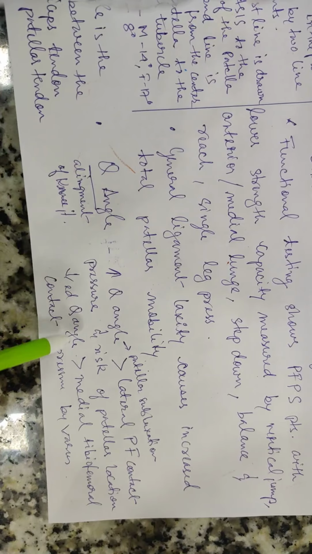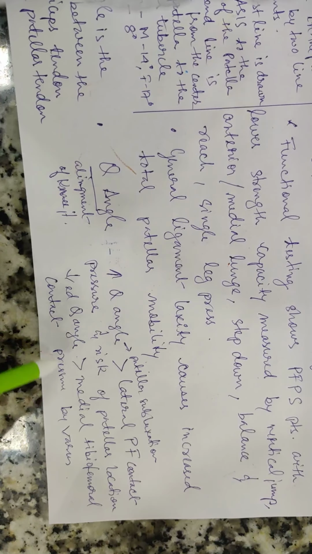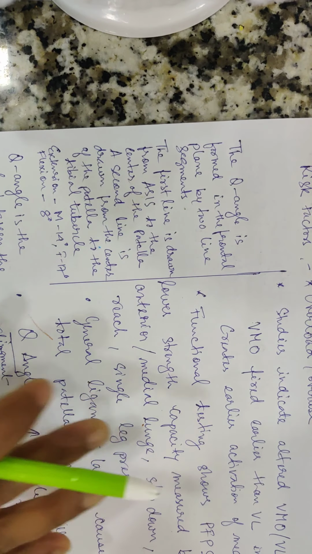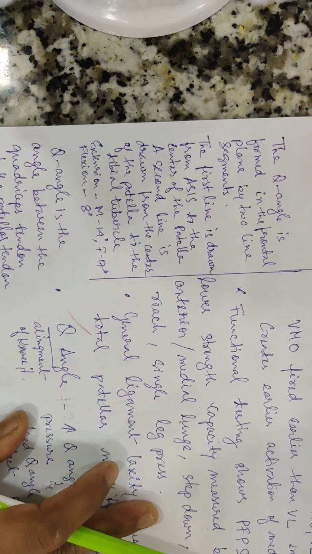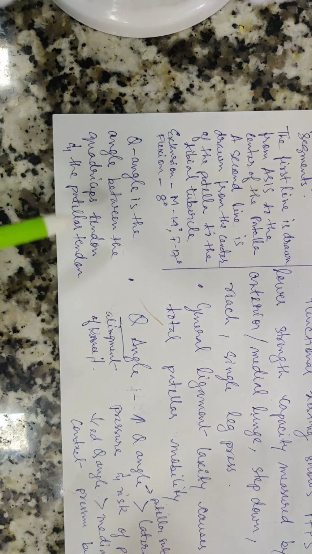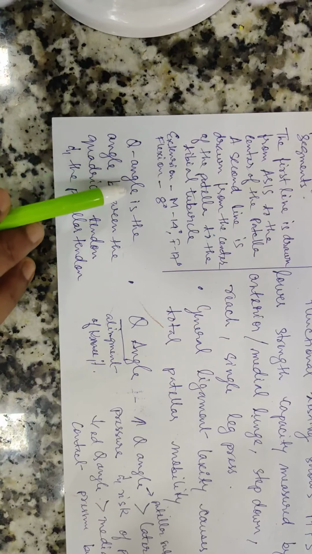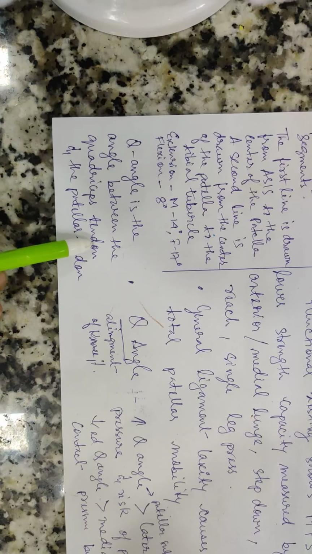Decreased Q angle means medial tibiofemoral contact and pressure created by the varus force. So if you quickly revise, what is the Q angle? The Q angle is the angle between the quadriceps tendon and the patellar tendon.